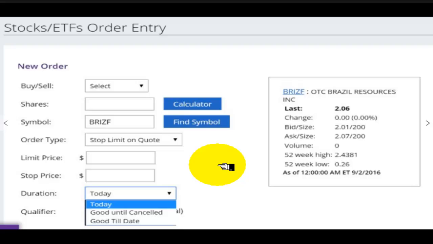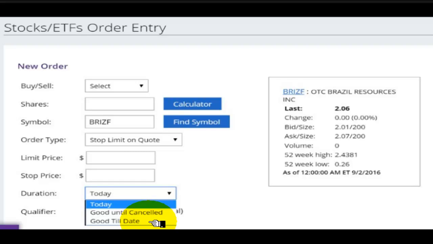In a rare occasion, you can even get filled less, depending on how the market is behaving and things like that. Then it's the duration. So this is today, meaning a day order, good till canceled, or even good till date. Now, good till date, that's really a forex type of situation.